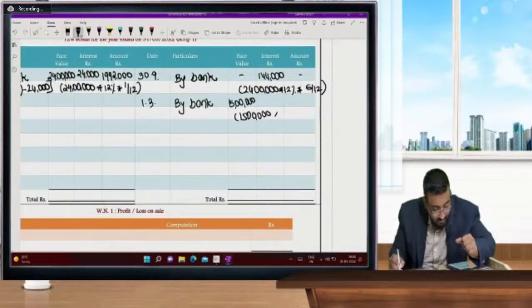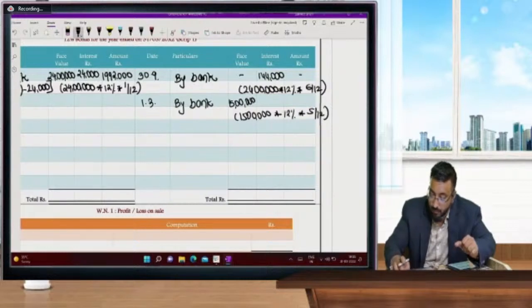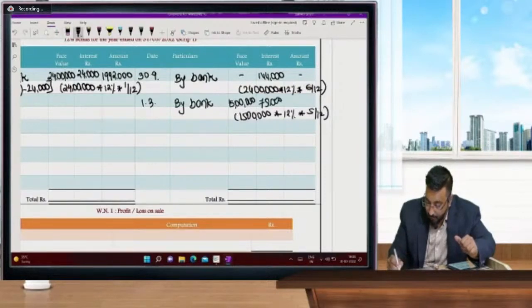So 15 lakhs into 12% into how many months? 5 months. 15 lakhs into 75,000. Ex interest or cum interest? 15,000 into 90. 13,50,000.